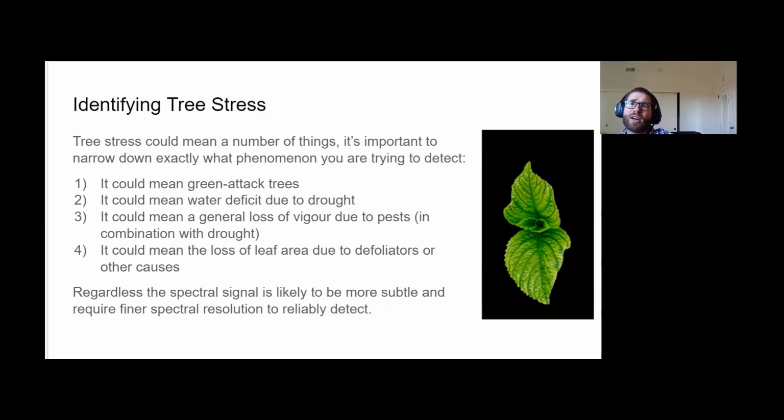This will most definitely cause the tree stress and could even kill the tree. But the signal a remote sensing device would get from the stressor would be very different from what one might expect from drought stress. The exact form of stress being identified is going to determine the instrumentation and methods needed to detect it. Regardless of the stressor, the shift in spectral signal is going to be more subtle than identifying a classic red attack mortality tree.